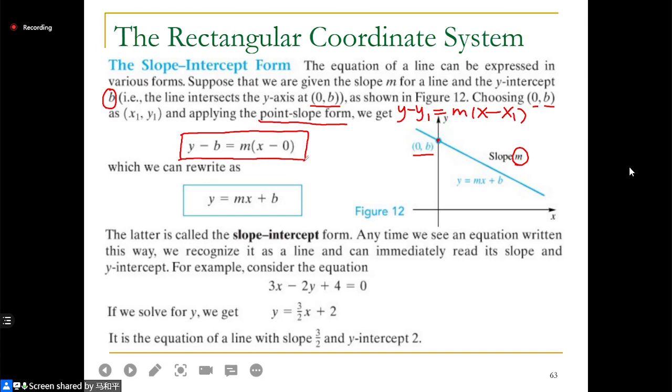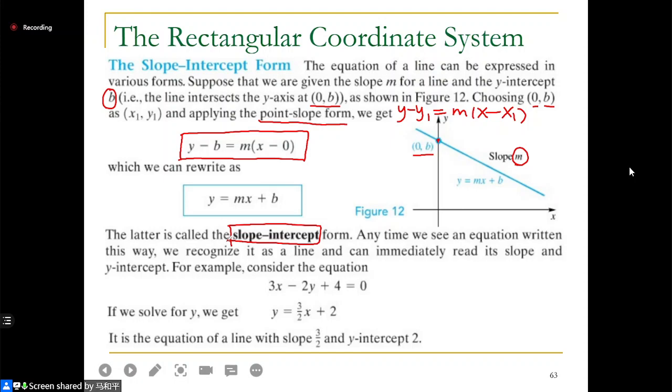This equation, y minus b is m times x minus 0, can be written as y is mx plus b, right? And this is called the slope-intercept form.